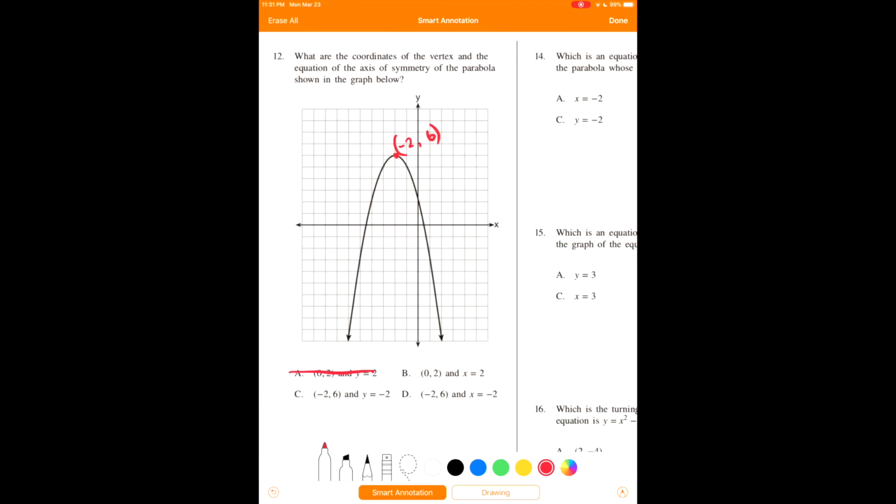So I'm going to get rid of choice A and choice B. And remember, my axis of symmetry, that's always going to be an x equals equation going through the vertex. So that's going to be this line here. That divides my graph in half. And I'm always going to steal the x-coordinate from the vertex. So my equation is going to be x equals -2.